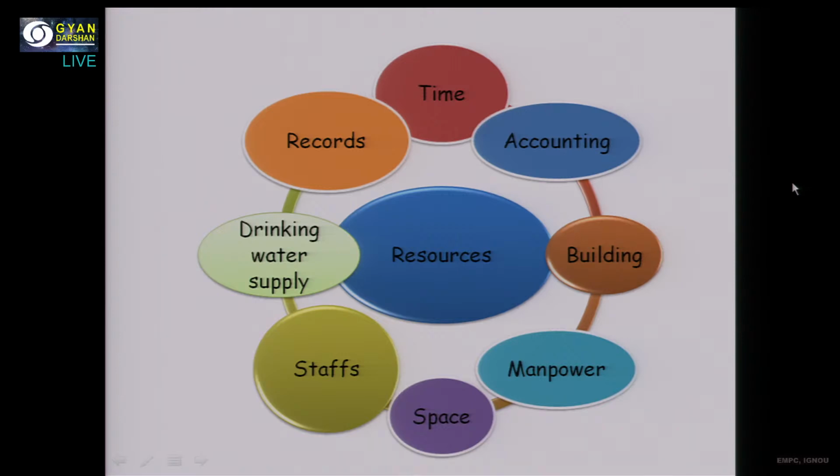There may be the clerical staff, the authorities, the teaching staff, the non-teaching staff, all these come under the tangible resources. Then when we look at another example, that is records, we know that nowadays everything should be in black and white.